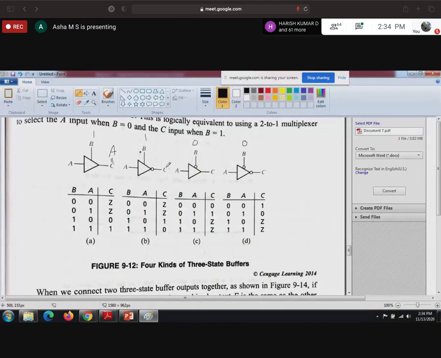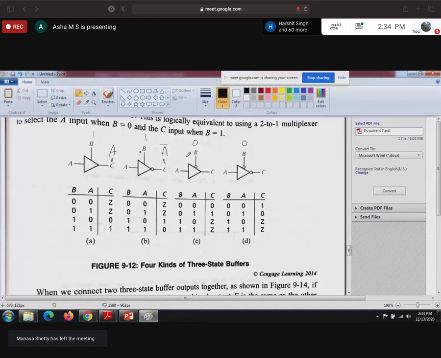What about C? C is the inverse of A, because the output is inverted.